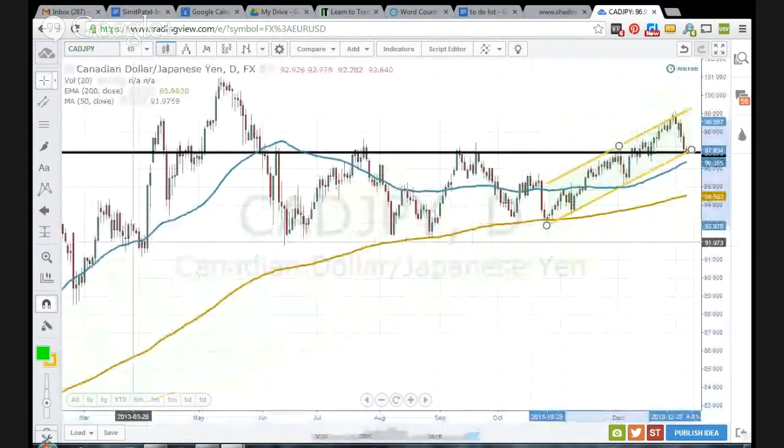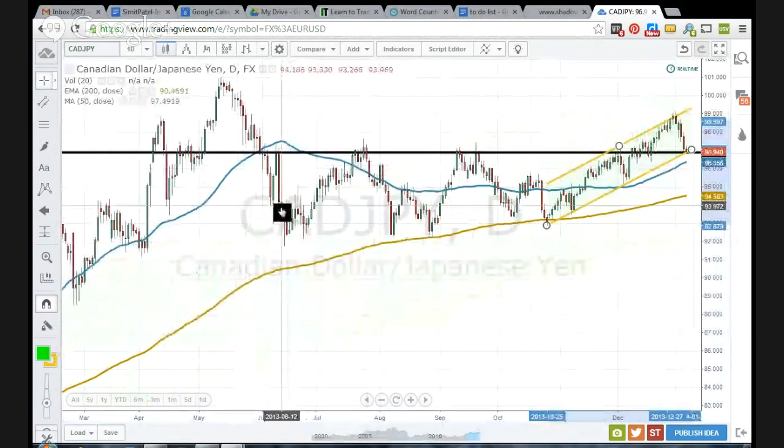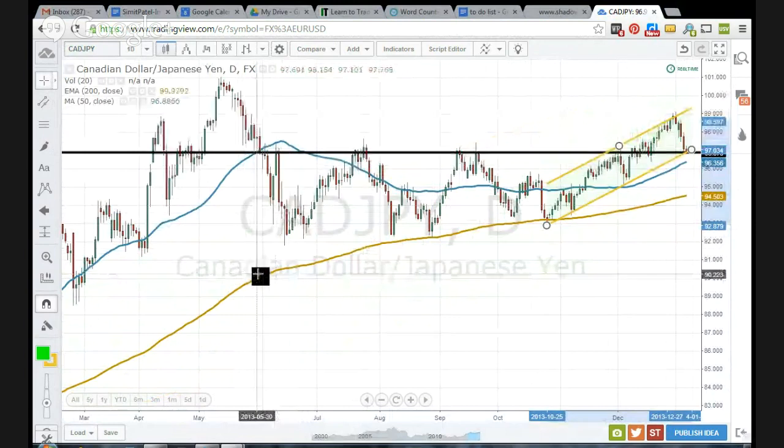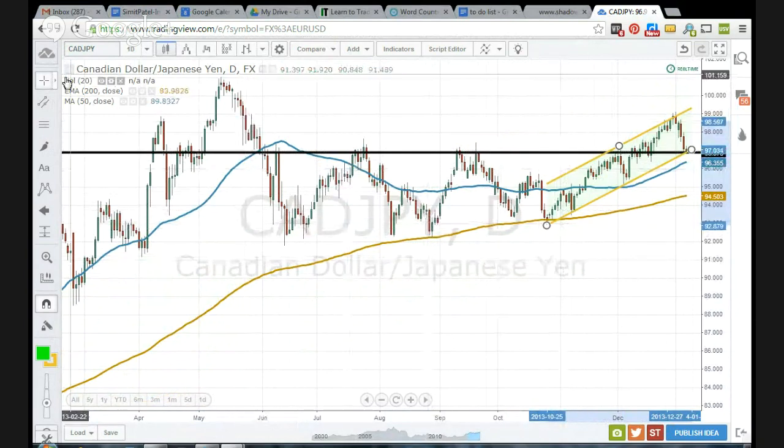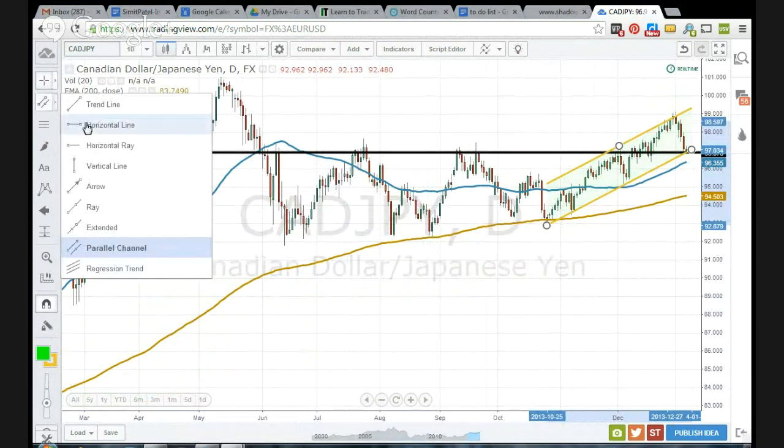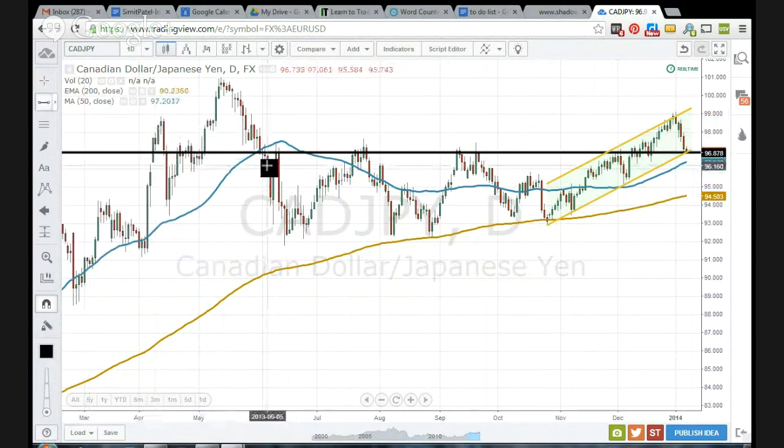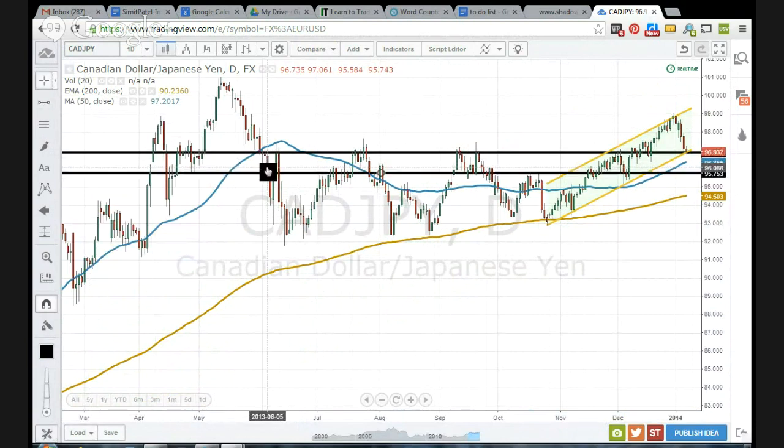Okay, back to the daily. Enter at the black line, which is 96.90, in fact. And in terms of where the stop will be placed, maybe here.